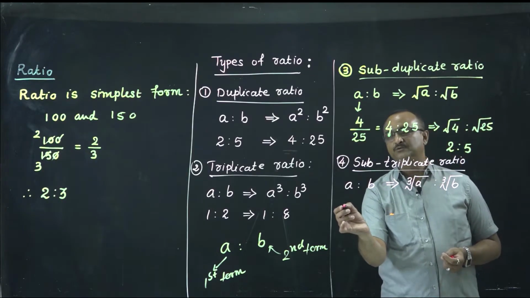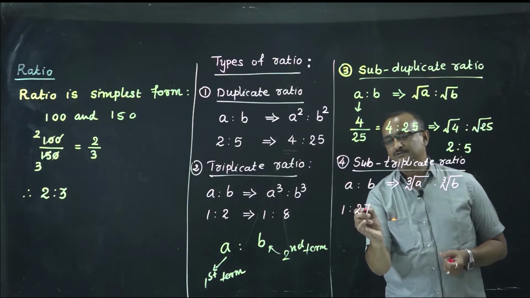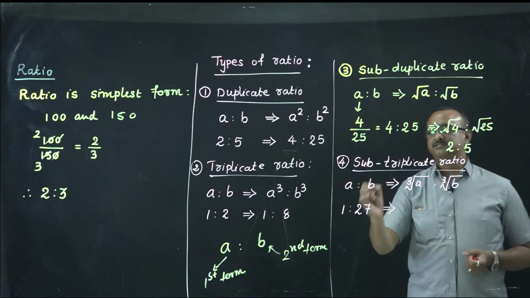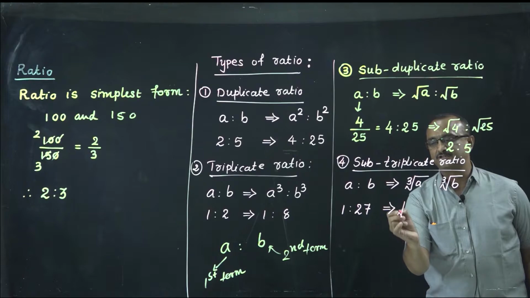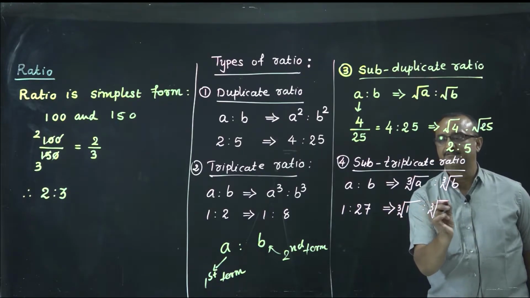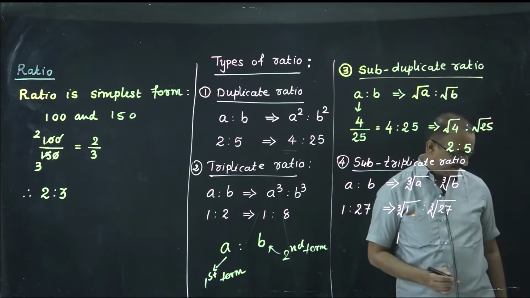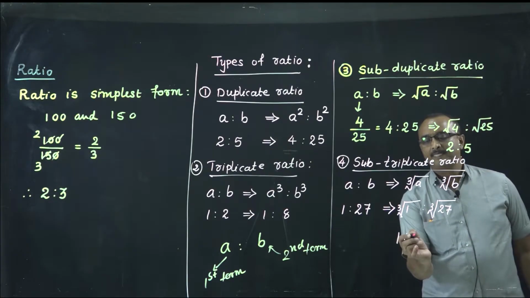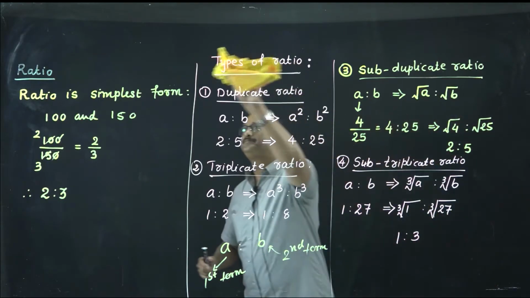For example, we have two terms, 1 is to 27, and the question is asking to find the subtriplicate ratio of 1 is to 27. It is the third root of 1 is to the third root of 27, and we know the third root of 1 is itself 1, and the third root of 27 is 3. Okay. Next one.